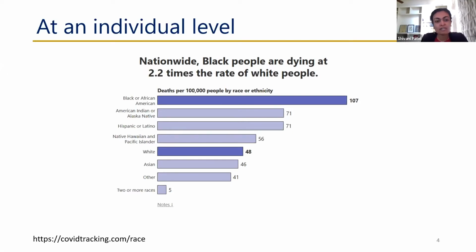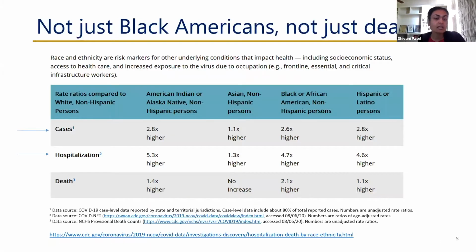And this bar plot already gives you an indication, but I want to go to the CDC data that does this at a national level, and it really hits home the fact that it's not just Black Americans and it's not just death. We can also look at cases and hospitalizations, and we see that virtually all racial and ethnic groups that are non-white have a higher rate of becoming a case, of becoming hospitalized, or of death.